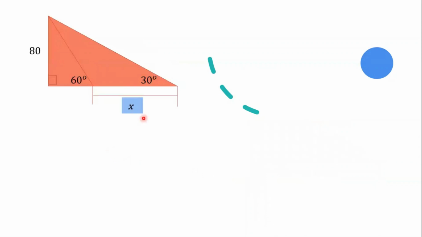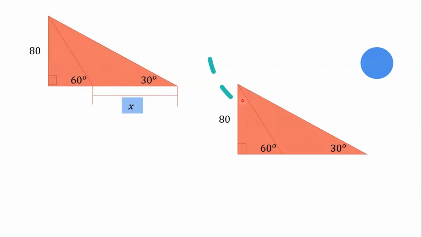Next, we need to solve for this value here, x. We start with solving this right triangle, and we also have this bigger right triangle. For the smaller right triangle, with the 60-degree angle here, this angle is 30 degrees, and 80 is opposite the 60-degree angle.